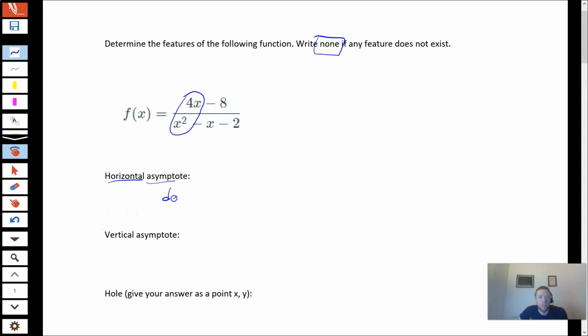In this case, we see that the degree of the bottom, I'll say denominator because it sounds more scholarly, the degree of the denominator is bigger than the degree of the numerator. And by the way, the degree of the numerator is 1.